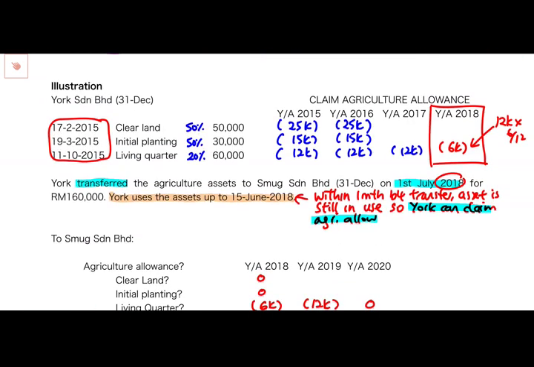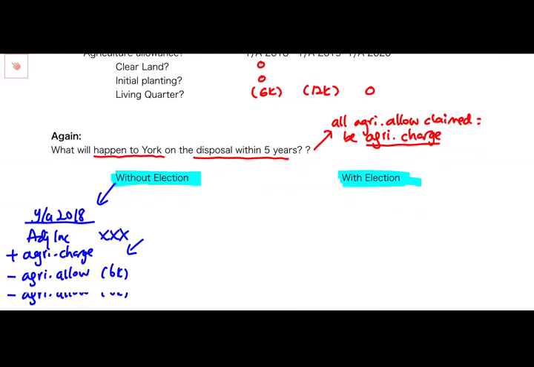If you go up and add up all these allowances that you have, you actually have 122.